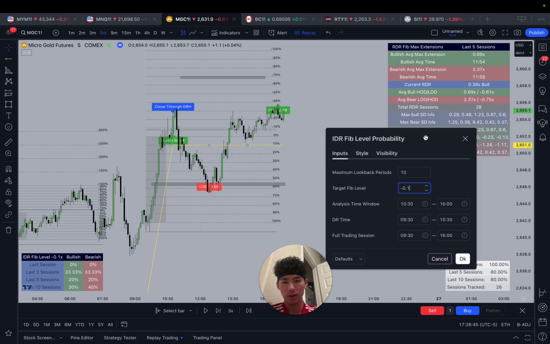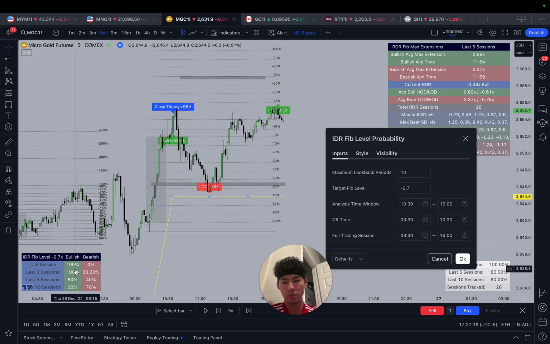So we can see right here, when the DR confirms, look at all these low probability setups, where this level will break through, which means this level will not be the low of the day retracement which we are looking for. 0.2, no. 0.3, no. We're looking at the average day low, so ideally we're looking at the 0.6.